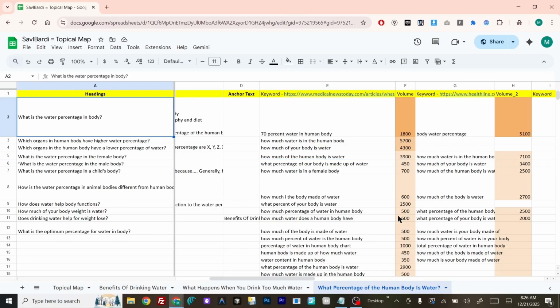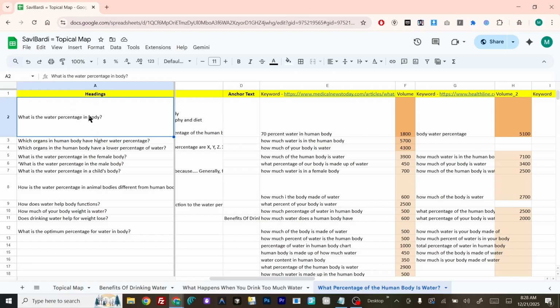In that case, we ask this question in a proper format: what is the water percentage in the body? Because whenever we use this query or its answer terms, the question generated from this query is a boolean question, in is or are. So that's why we write this in a proper way. And after that, we create its variations.